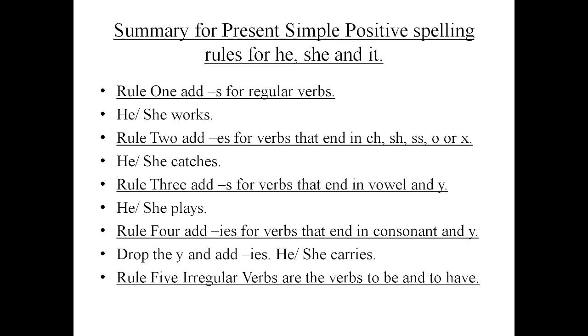Rule 3, add S for verbs that end in vowel and Y. He, she plays. Rule 4, we add IES for verbs that end in consonant and Y. So we drop the Y and add IES, he, she carries. And rule 5 for irregular verbs are the verbs to be and to have, which are irregular.